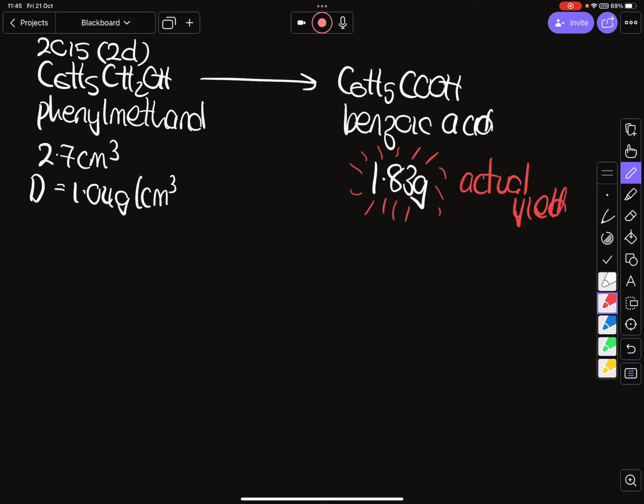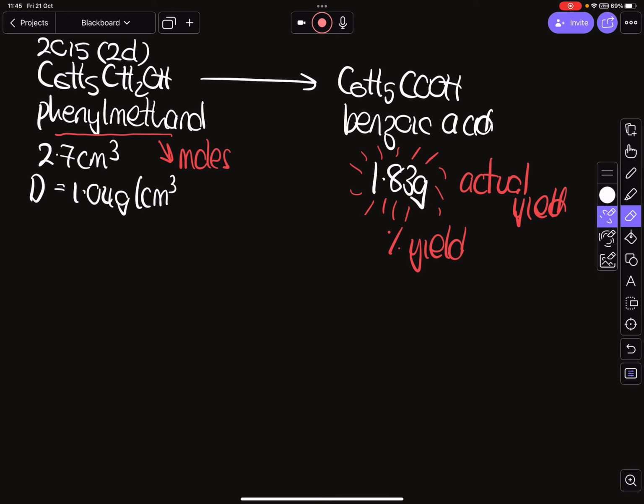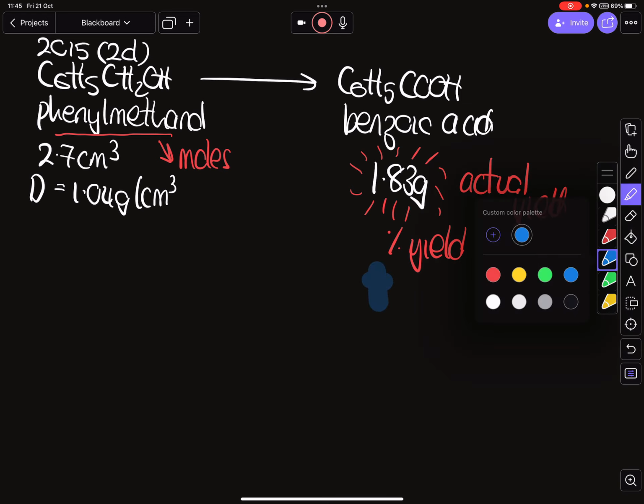We are then asking us, we assume this was the phenylmethanol is the limiting reagent, so we can write our moles from this. If it's limiting, we're going to use this to find moles, and we have to calculate a percentage yield. So this question is asking us to find out the theoretical yield of benzoic acid. That's what we are trying to find out.